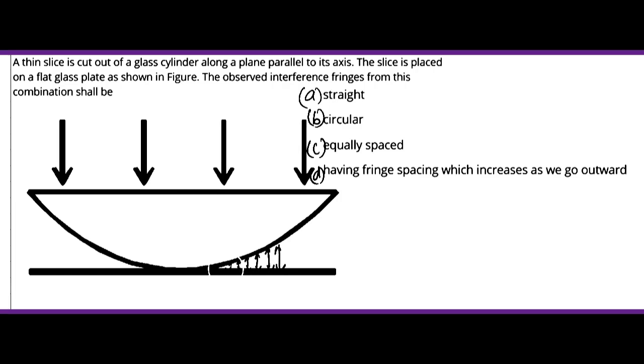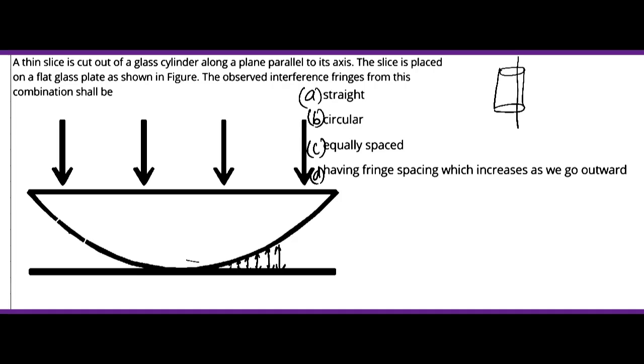But inside we have a very small thickness of thin film. So the cylinder is cut in a straight line parallel to the axis of the cylinder, like this, and placed here, correct?